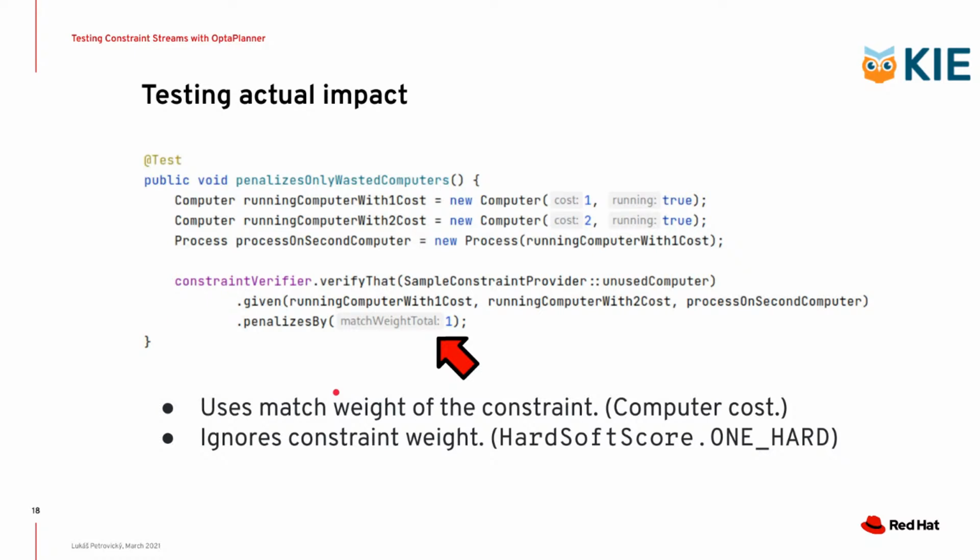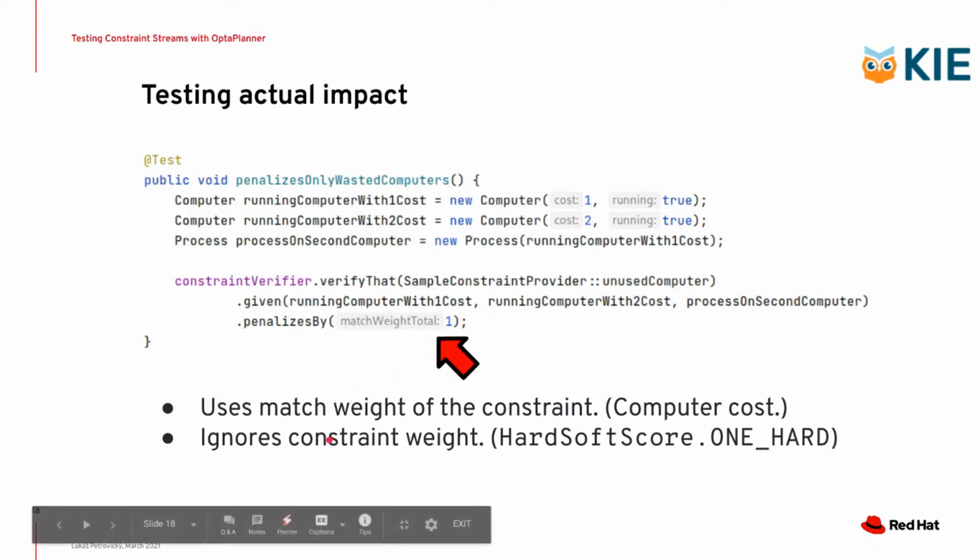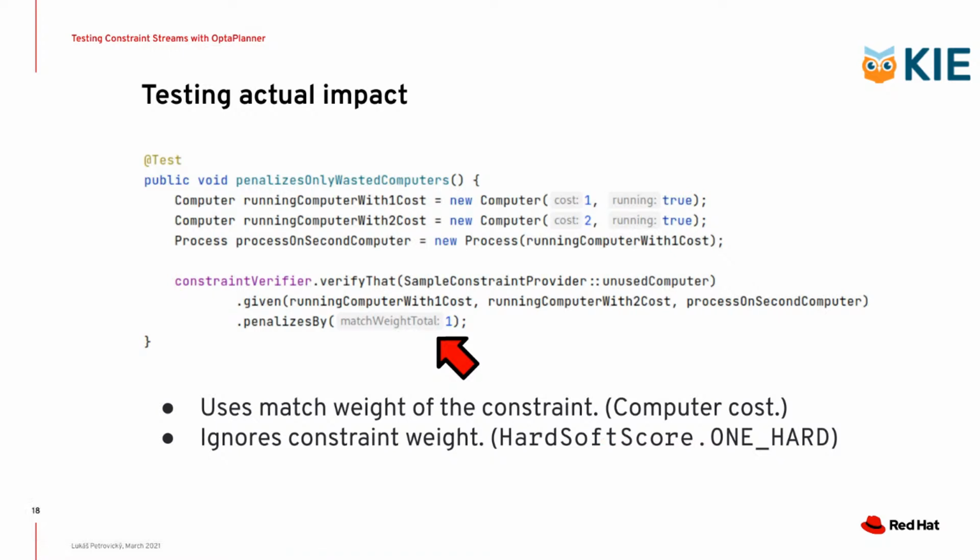So the penalizes by call does use a match weight, so the computer cost. It doesn't use the constraint weight, which is the actual score representation. The reason why we don't do that in this particular call is because the constraint weights are configurable.